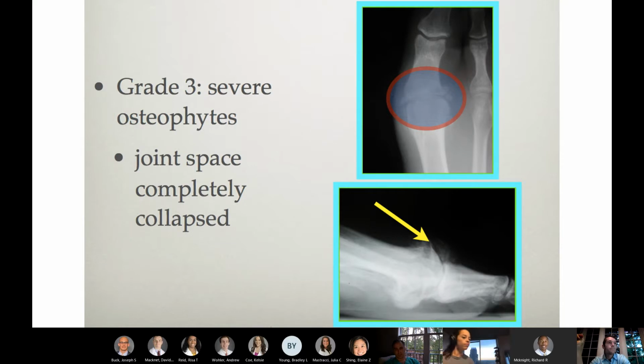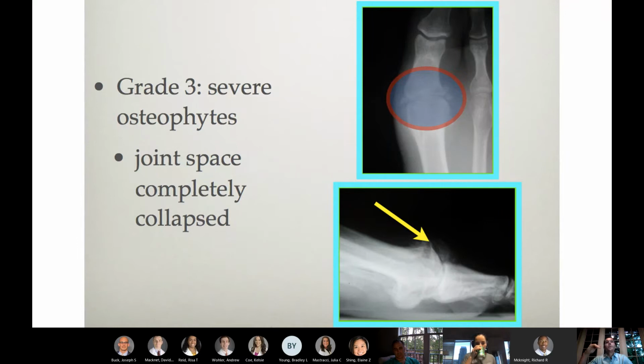And then also, in early grade disease, the arthritis in hallux rigidus starts in the dorsal joint. It happens that way because cartilage is not good at resisting shear stress. It's good at resisting axial load, right? Our big toe joints, though, see shear.